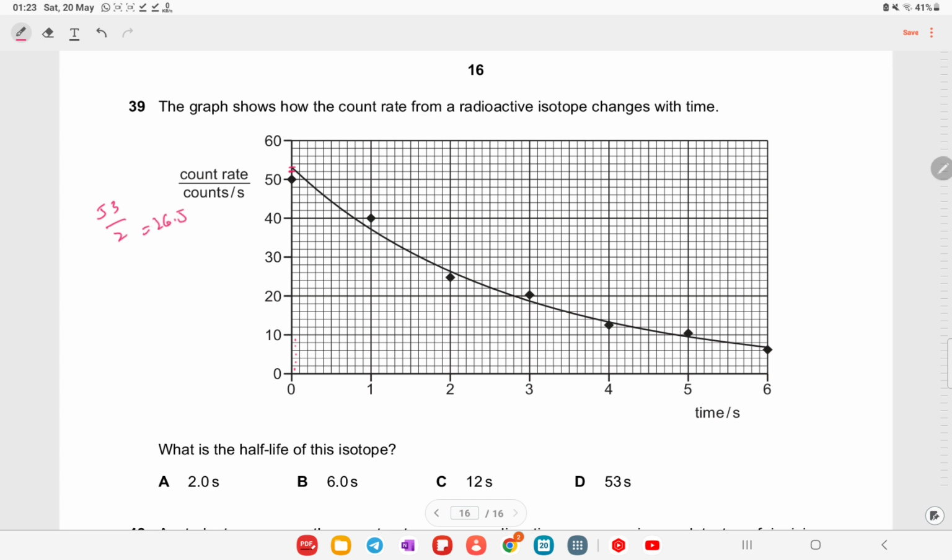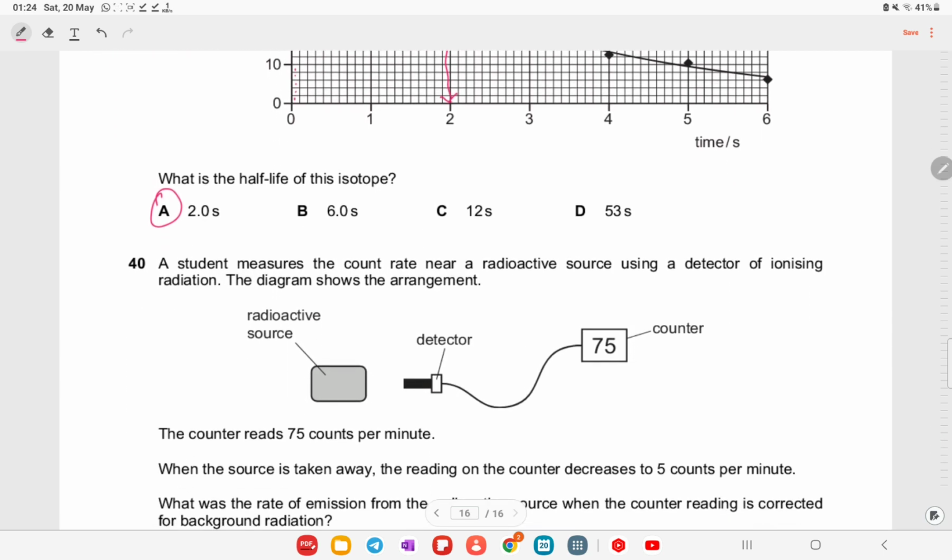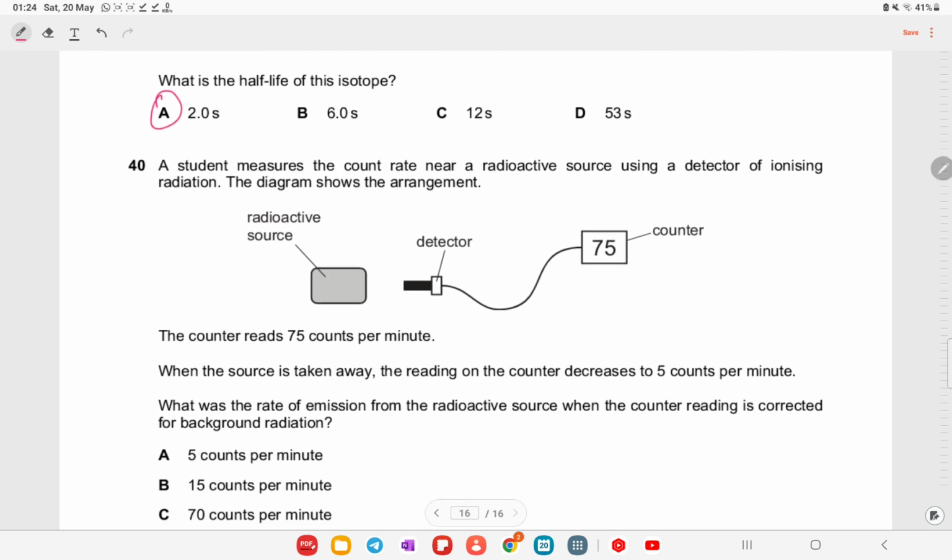If you go to 26.5, it is somewhere over here, a little below this. The time over here is 2, so our answer will be 2, because the quantity has been reduced to half. So this is going to be the half-life of the isotope.